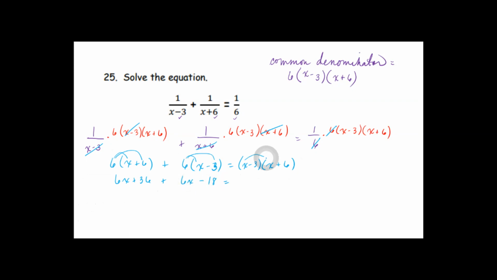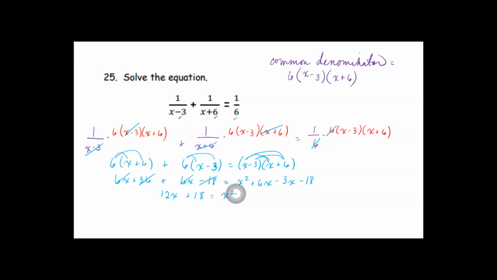And then, of course, FOIL here. That'll give me x squared plus 6x and negative 3x minus 18. Okay, let's condense. Let's see, that's 12x. And that is 18.